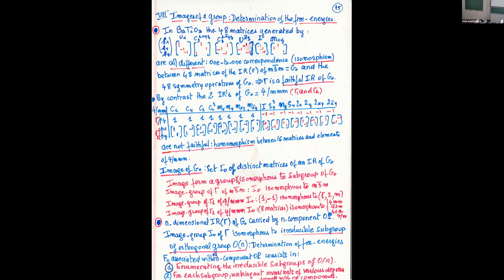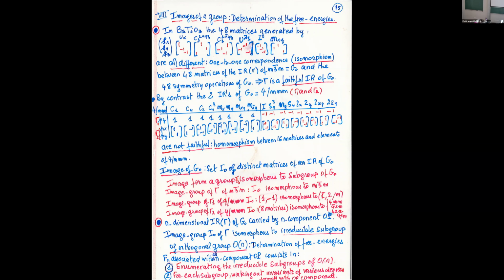So there is a one-to-one correspondence, isomorphy, between the 48 matrices of the irreducible representation and the 48 symmetry operations of PM3 bar M, which is the same. One can say that this three-dimensional irreducible representation of PM3 bar M is a faithful irreducible representation of G0.